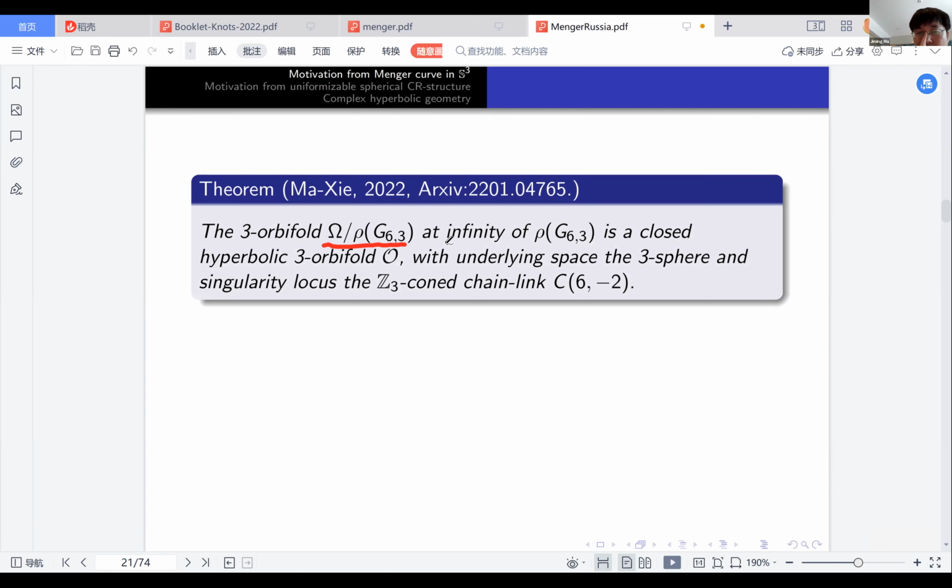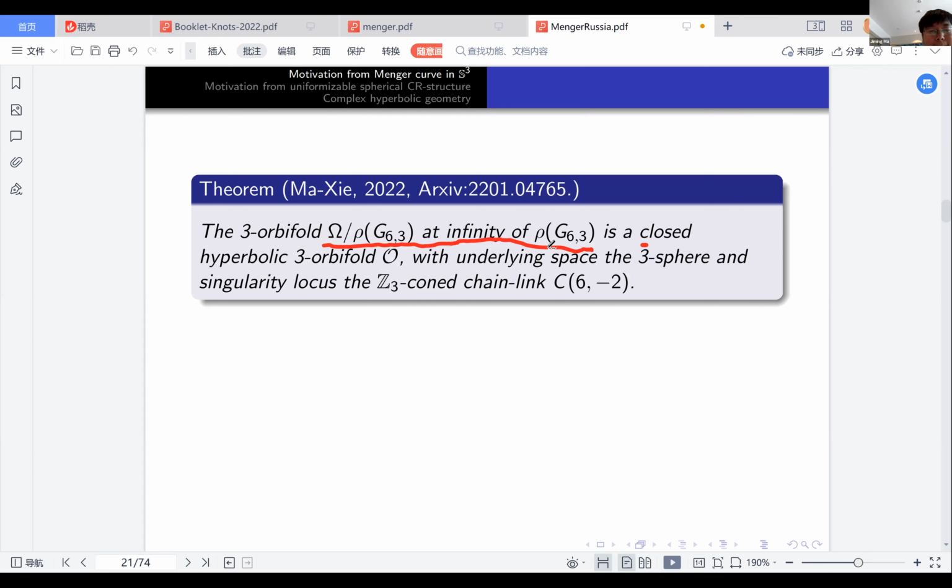The singularity locus is a chain link here, C6 minus 2, and the chain link is J over 3 code. So in other words, we have answered the second part of the Misha Kapovich conjecture.